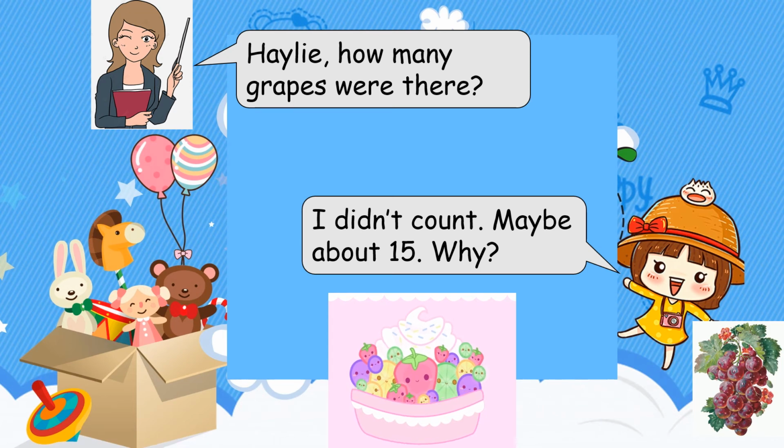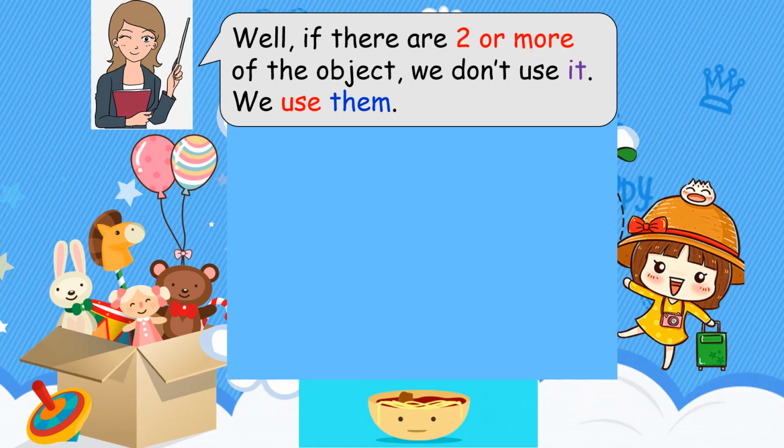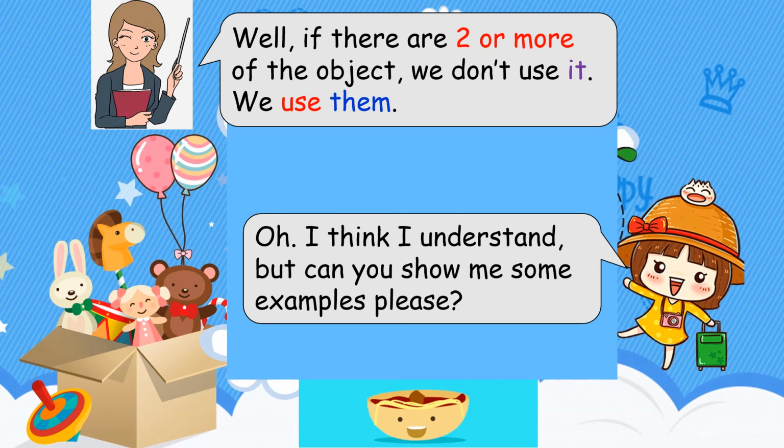Maybe about 15? Why? Well, if there are two or more of the object, we don't use it. We use them. Oh, I think I understand. But can you show me some examples, please?